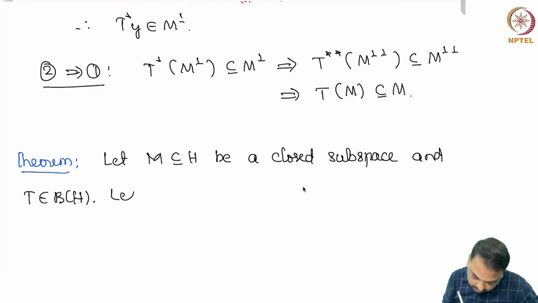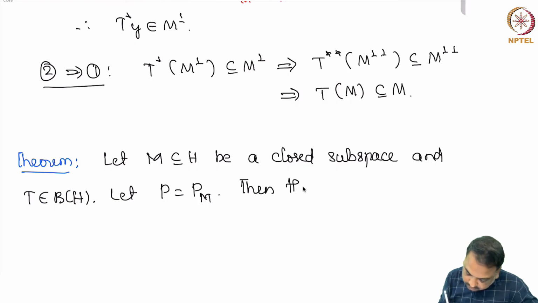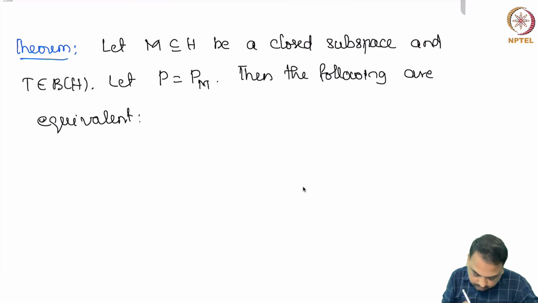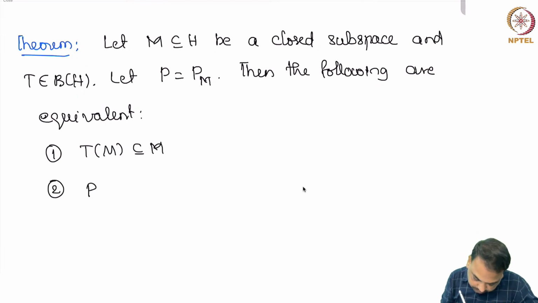Let us write P to be the orthogonal projection onto M, whose range is M. Then the following are equivalent: M is invariant under T if and only if PTP is TP.